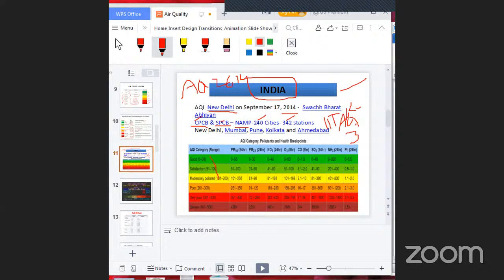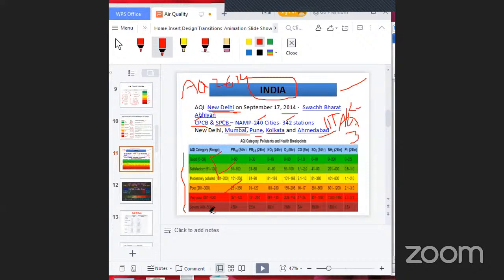The continuous monitoring systems that provide data on a near real-time basis are installed in New Delhi, Mumbai, Pune, Kolkata and Ahmedabad. These are the 6 air quality index categories, namely good, satisfactory, moderately polluted, poor, very poor, and severe.